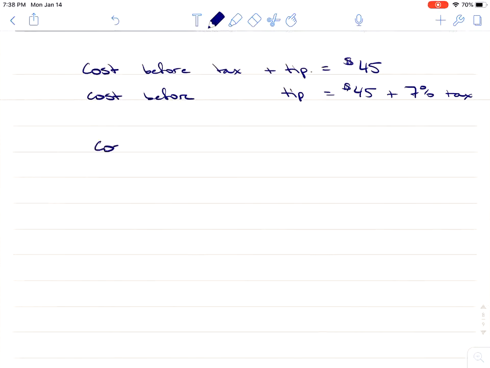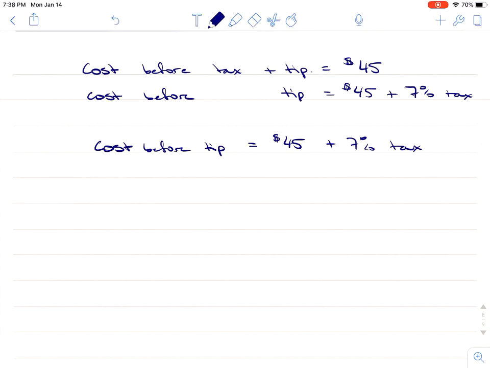Because we can solve for that, the cost plus the tax, sorry. So the cost before tip is $45 plus 7% tax. We're paying 7% tax on the $45, right?